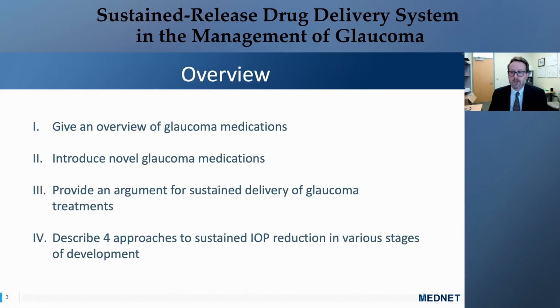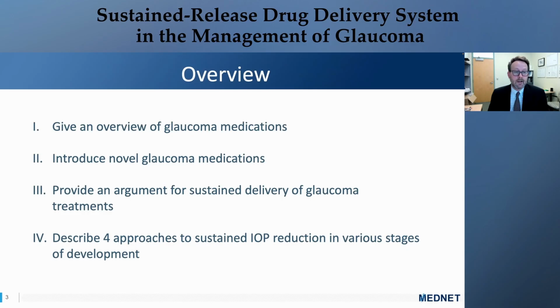So before we get started today, I'll give an overview on what I will be covering and present some learning goals for this lecture today. I'd like to give a really brief overview of glaucoma medications and introduce some novel glaucoma medications that have come out in the last several years.